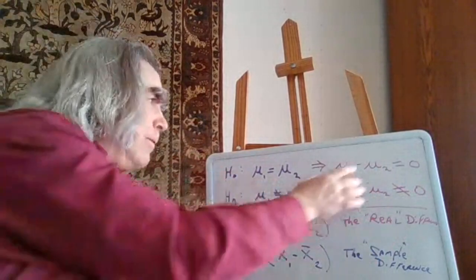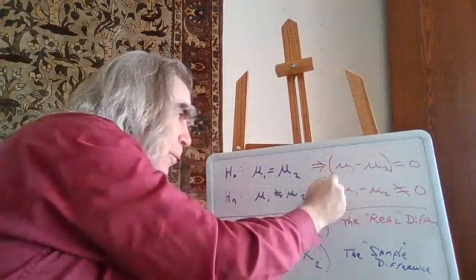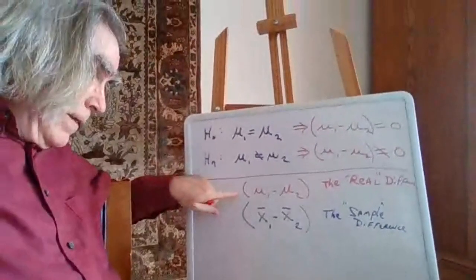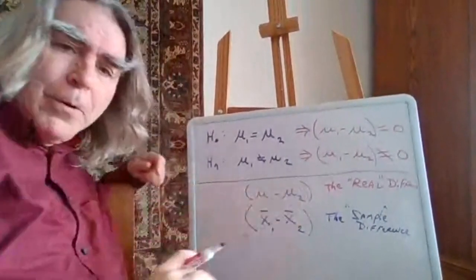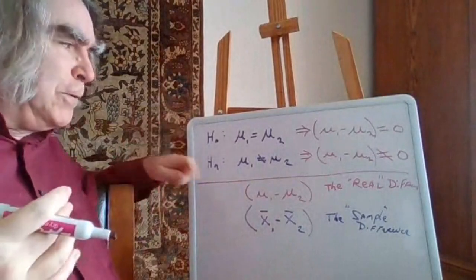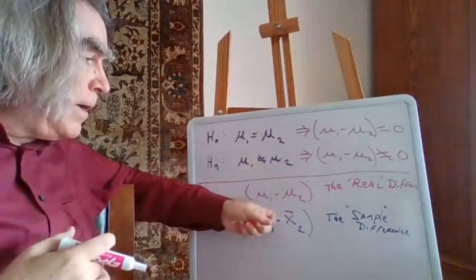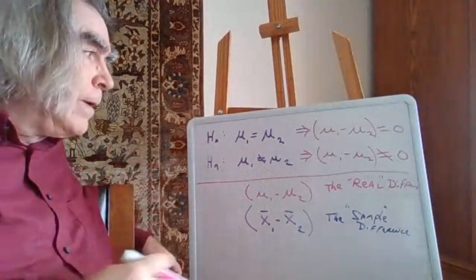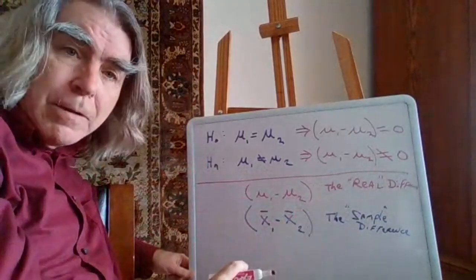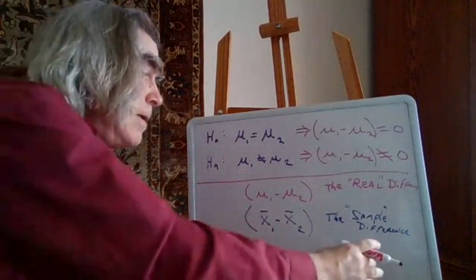So when we look at this and we look at the parentheses behind them, we can look down here that this variable, which is mu1 minus mu2, and when we look at the samples, x1 minus x2, this is the real difference, according to the null hypothesis, which we may accept or may not at the end.